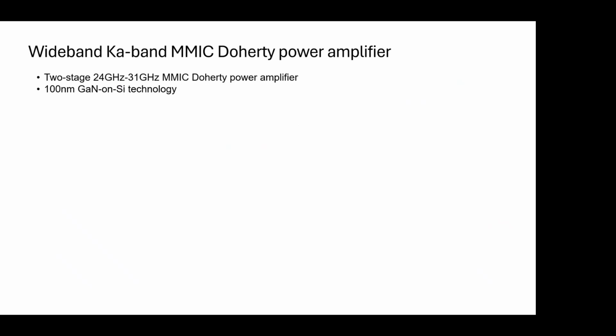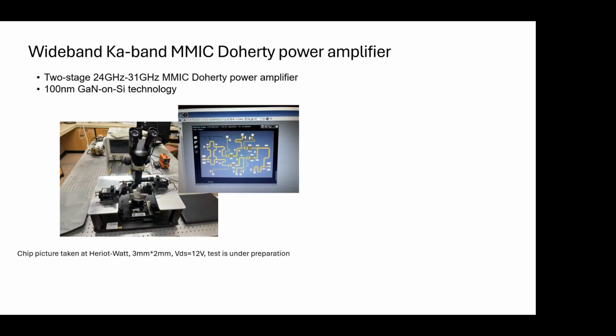So we have the 2 stages MMIC power amplifier, and we use the 100 nm GaN on silicon technology. And so this is the chip. The chip I received 1 month ago, and the picture I show here is taken in our lab.